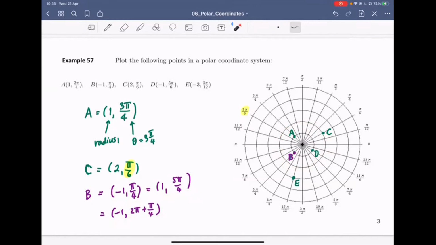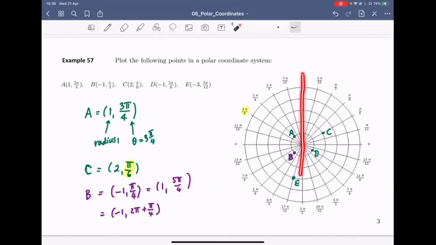All right, we're going to look at the relationship between the polar coordinates and the rectangular coordinates, because some of you are going to say, hey Ajahn, I know this is the point C, 2 and pi over 6, but what is the same point on the rectangular coordinates?